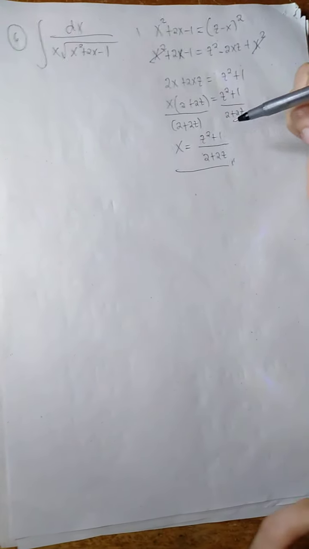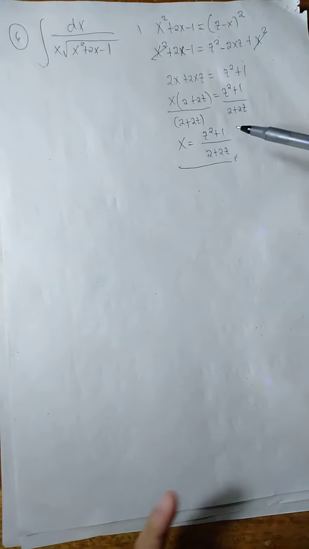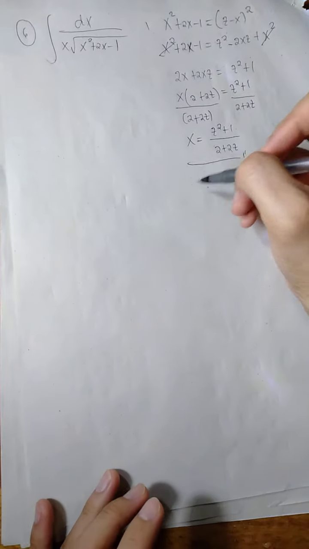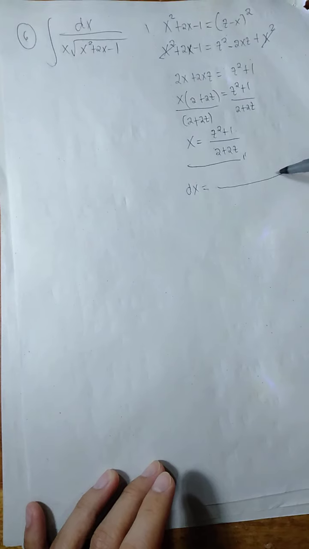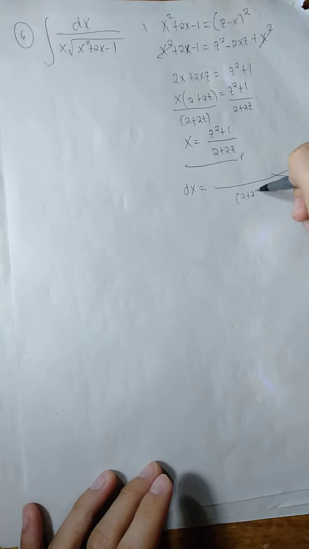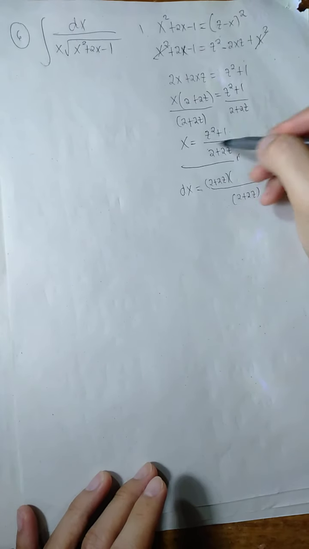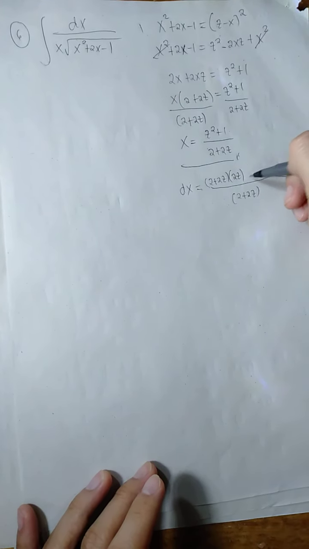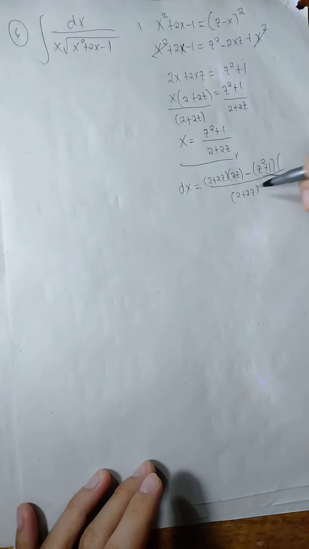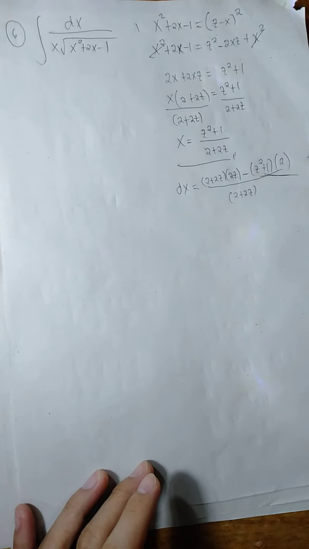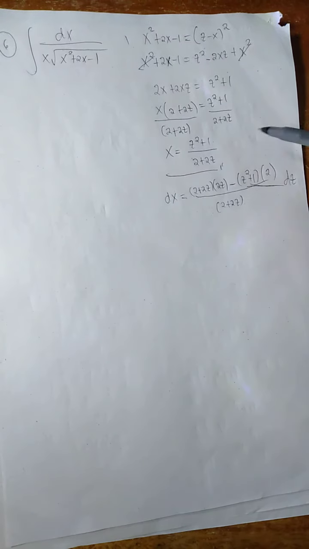So differentiate natin to. If we take the derivative, we will use the quotient rule. So yun yung madali, derivative of x. Quotient rule: square ng denominator, then denominator multiplied by the derivative of the numerator, 2z, minus numerator multiplied by the derivative of the denominator, which is 2 na lang, then dz. Then we can simplify it more.